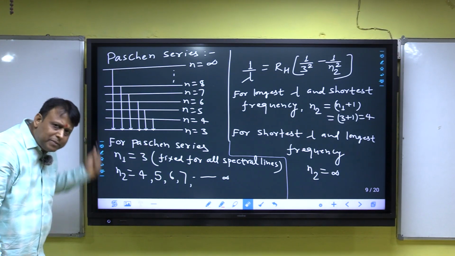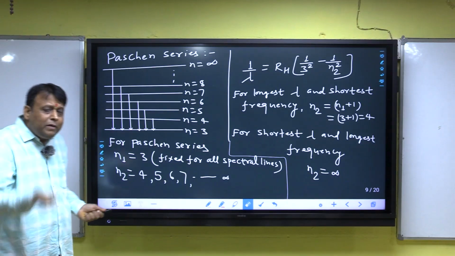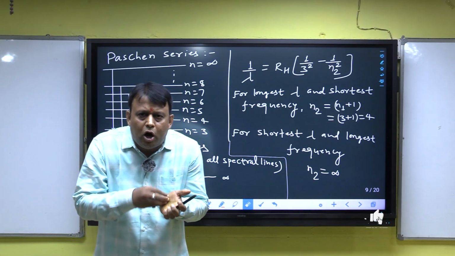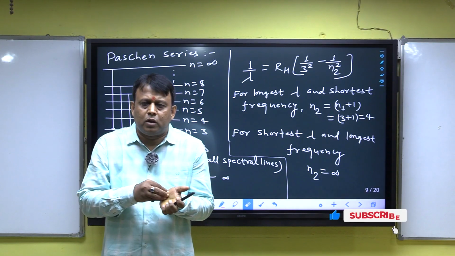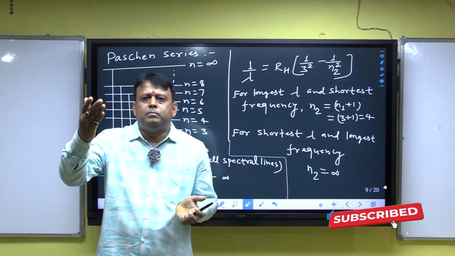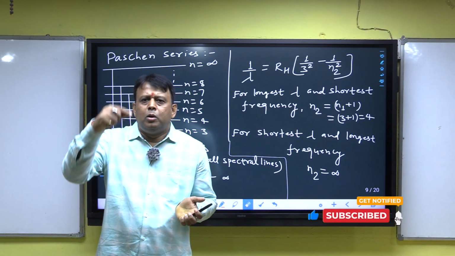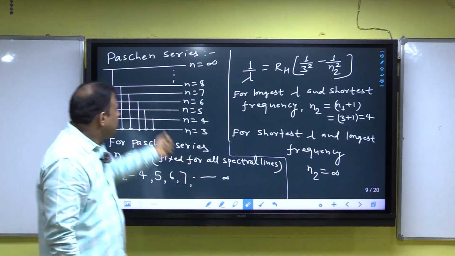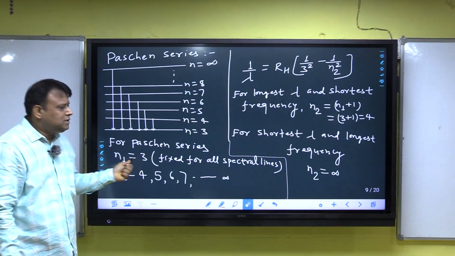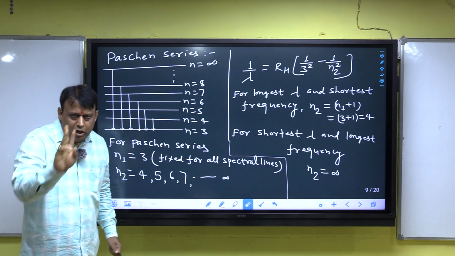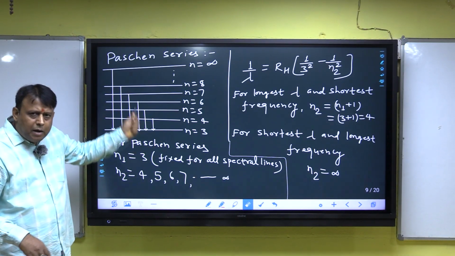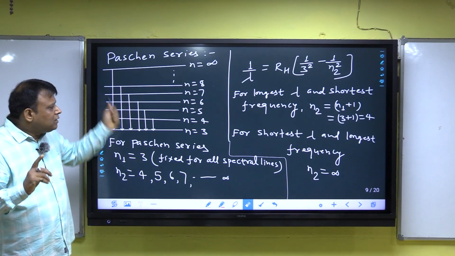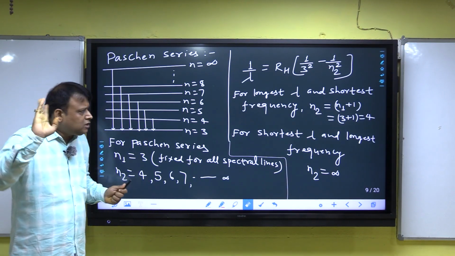But for an objective question, if it is given that the first line of Paschen series comes from the value 4, 5, 6, 7, the answer will be 4, because in Paschen series N1 is fixed at 3, and the first line comes from the 4th orbit, the second line from the 5th orbit, the third line from the 6th orbit.